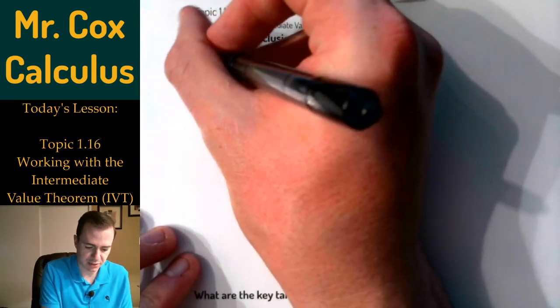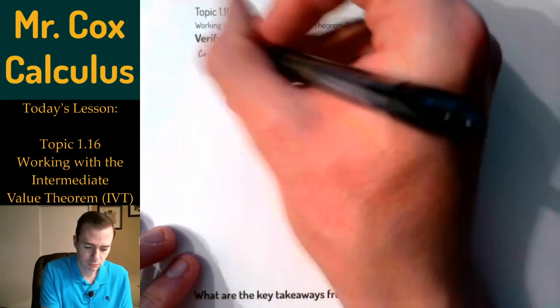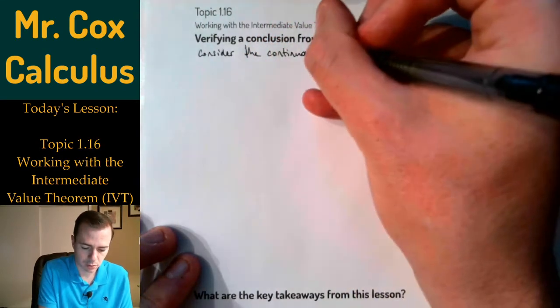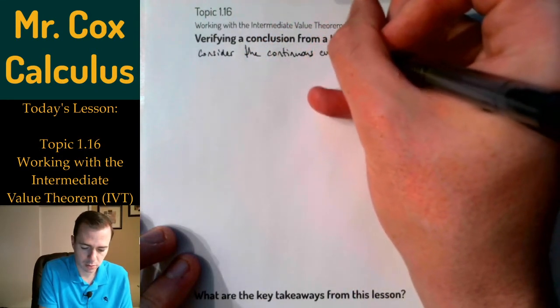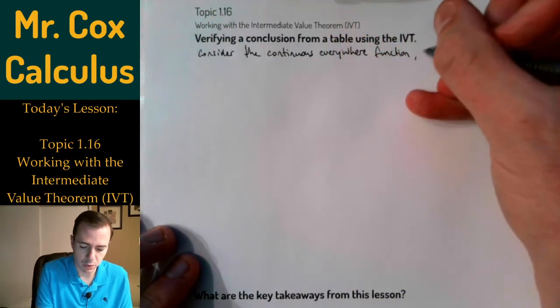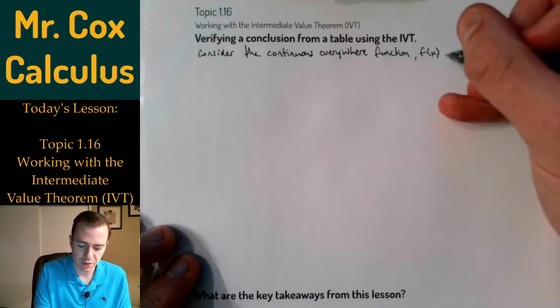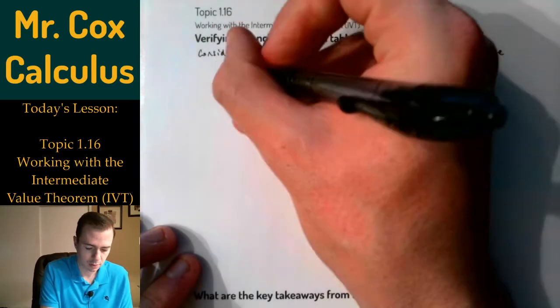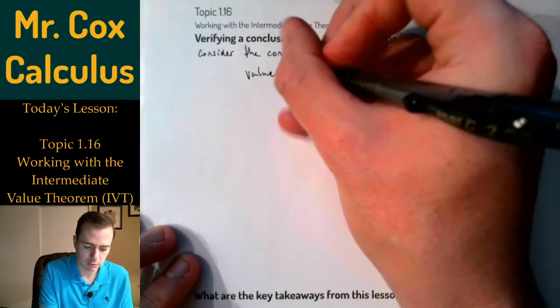So let's consider the continuous everywhere function, and we'll call it f of x, with table values listed below.